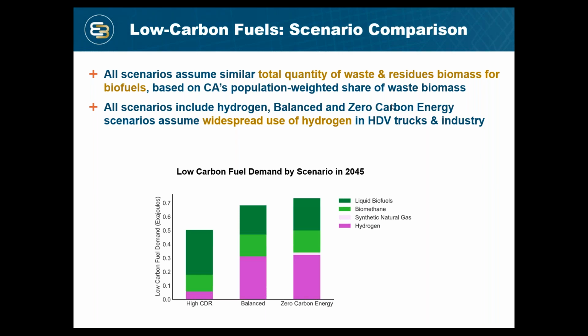We see that as being sort of less plausibly economic given California's relatively warm climate, but certainly in industry and in heavy duty trucks, and then potentially as a form of long duration energy storage to decarbonize the grid, we see very promising roles for hydrogen.